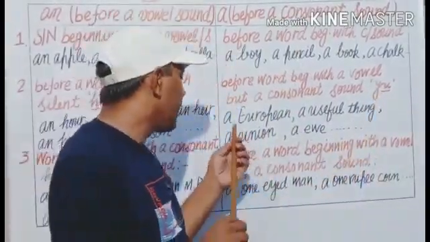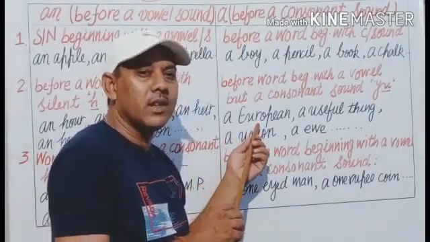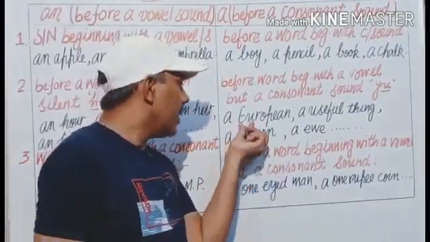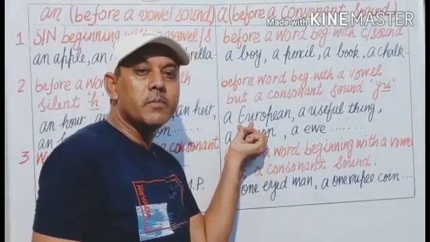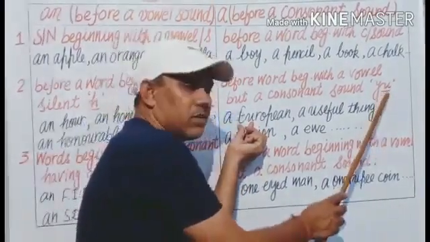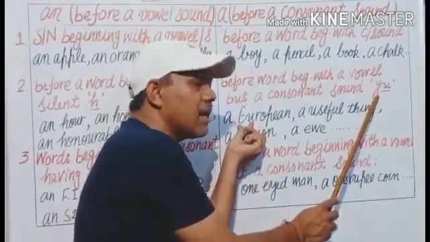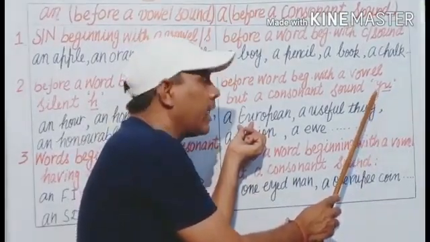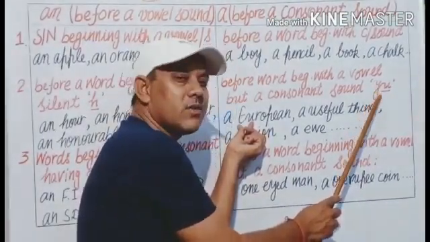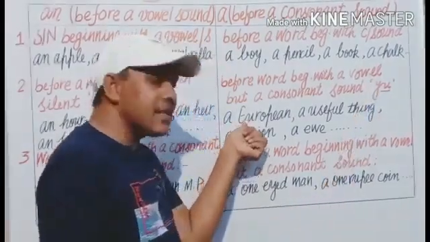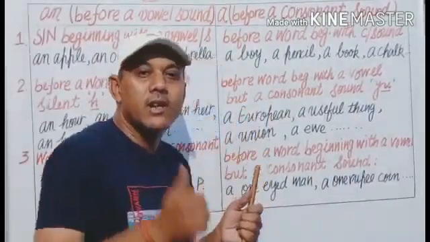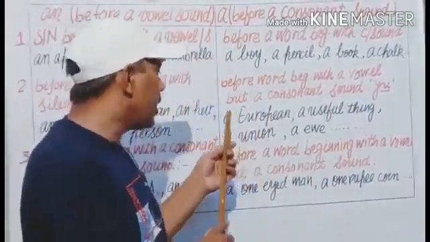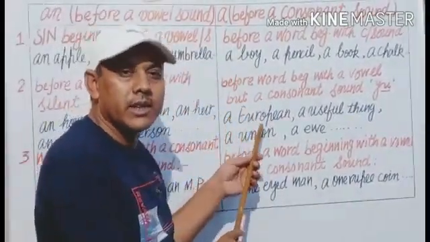The next is before words beginning with a vowel but producing a consonant sound, ya, yu, you or yeah. For example, a European. Here, the beginning letters E and U produce a yu sound, and this ya sound is a consonant sound. Although it is a vowel, these two vowels produce a consonant sound. That's why we use a before it.